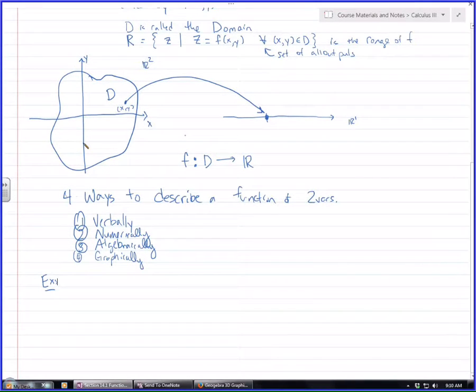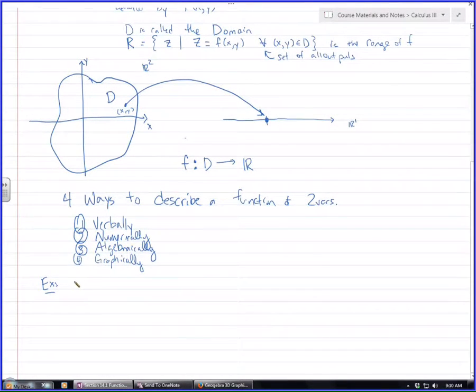Try to keep as much on the screen as I can. Let's say I give you f of x comma y equals x times the natural log of y squared minus x. So first of all, let's make sure we know what it means to evaluate the function.